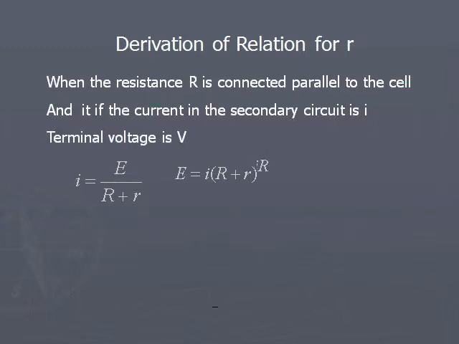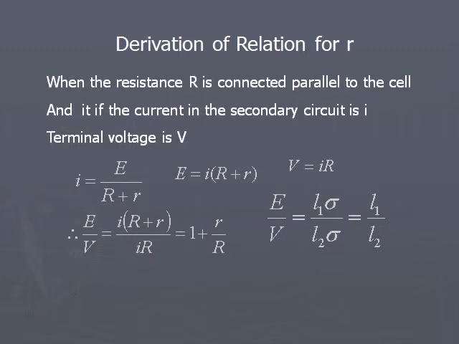Terminal voltage becomes I capital R and EMF becomes I into (capital R plus small r). Therefore, E by V is equal to I(R plus r) divided by IR, that is equal to 1 plus r by R.